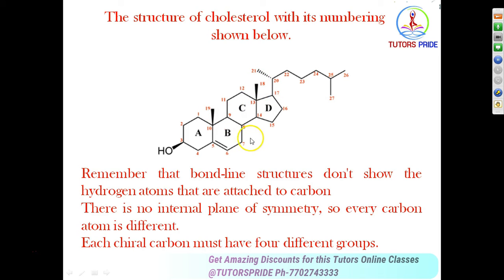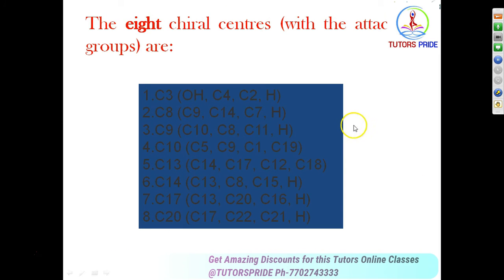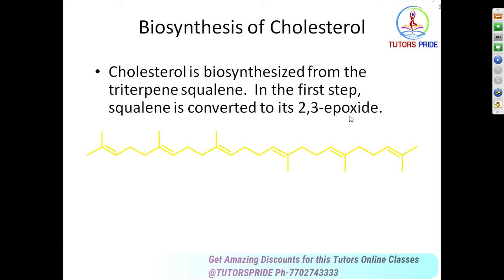Like that we are giving the numbering. Here it is 20, then 21 22 23 24 25 26 27. So cholesterol is nothing but a 27 carbon containing structure. These are the chiral centers.